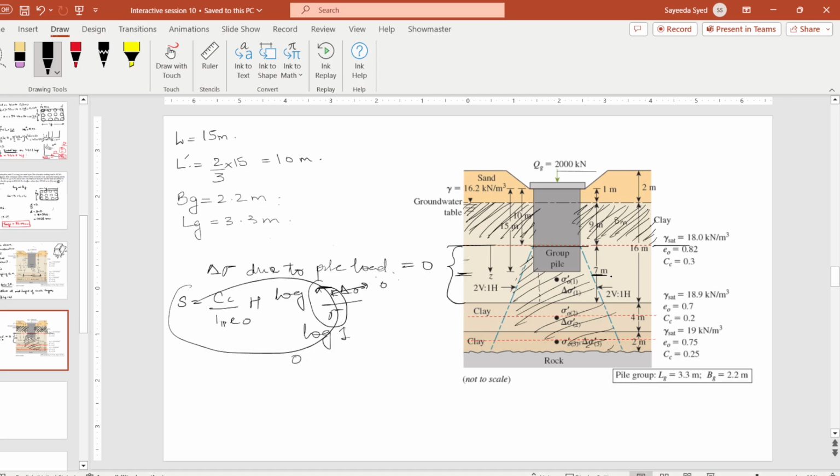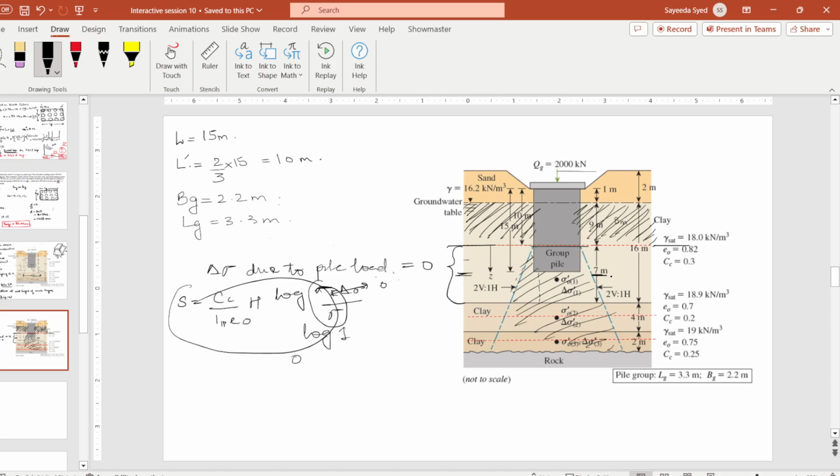So delta sigma 1 will be equal to 2000 over (3.3 plus 3.5) times (2.2 plus 3.5).